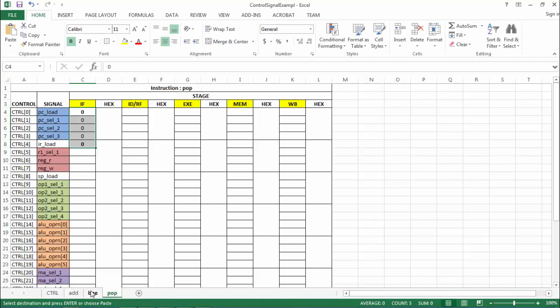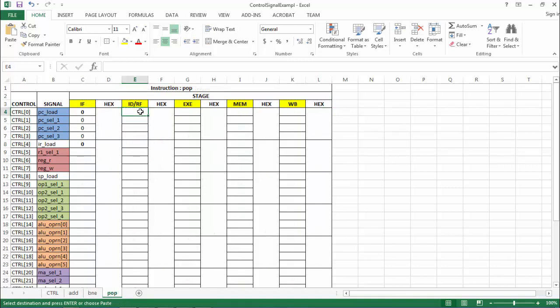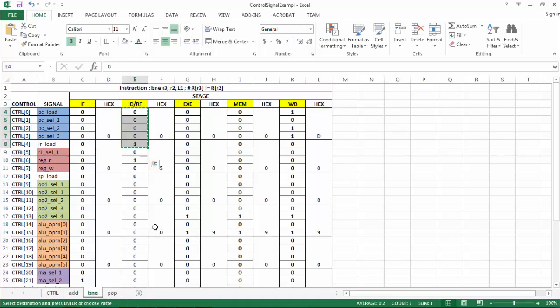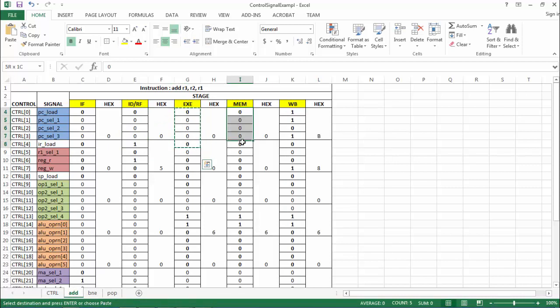By the way, yeah, okay, we have the one here. So this is pretty much like add or BNE at this point, right? But let's make sure we are copying from the add operation. Okay, so this is pretty much it.